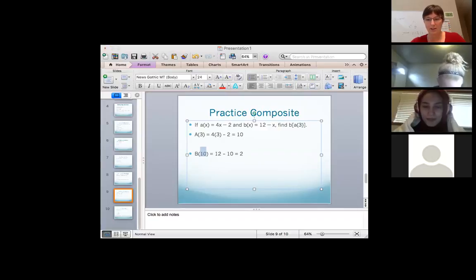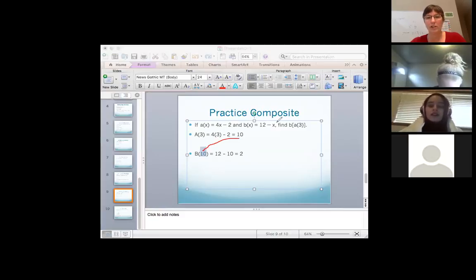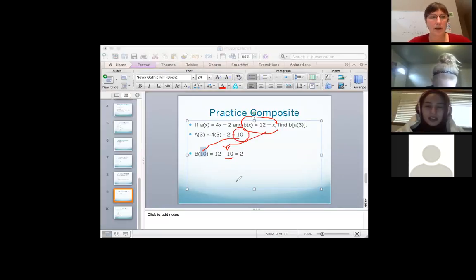So we substitute this 10. This 10 goes here. And when we look at the original equation for B, we've got 12 minus x. So that's what I wrote here. I've got the 12. I know that I need to substitute the right number for x from the first function.